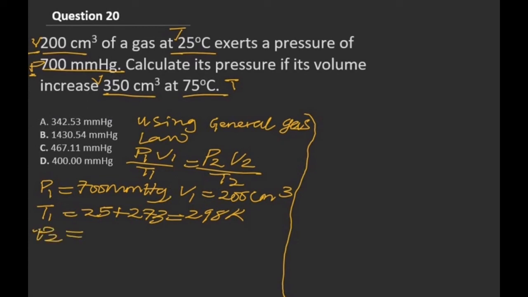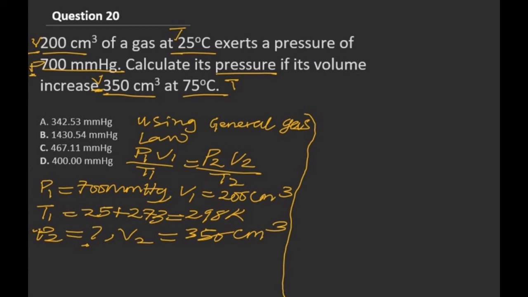The next one is P2. There's no other pressure in the question, so our P2 is the unknown value, since they say we should calculate the pressure. Our V2 is the next volume in the question, which is 350 cm cube.